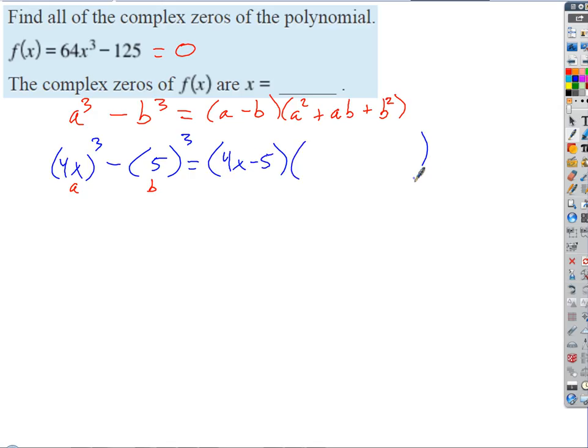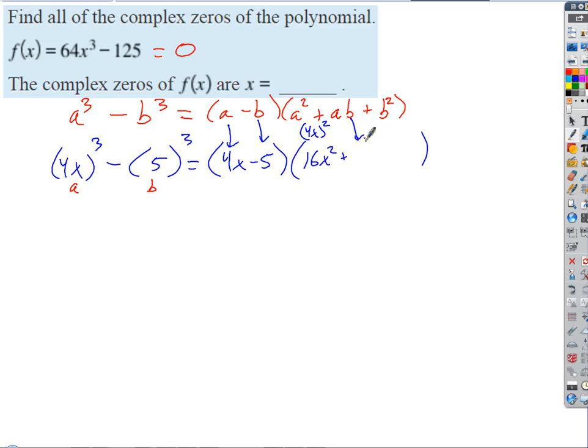Brandon, what is A squared going to look like? What's A? Okay, good. A is 4x. Good. So you saw the trick. So A is 4x, and if we square that, that's going to actually give us a 16x squared, isn't it? Right?